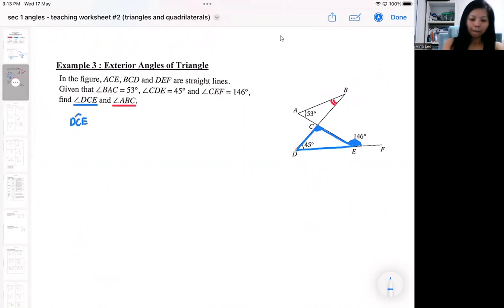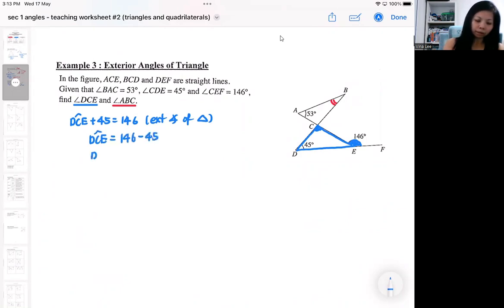DCE plus 45 degrees is 146 due to the property exterior angles of triangle. And you do your algebra to subtract 45 on both sides. So here you will get 101. So it will be 101 degrees.